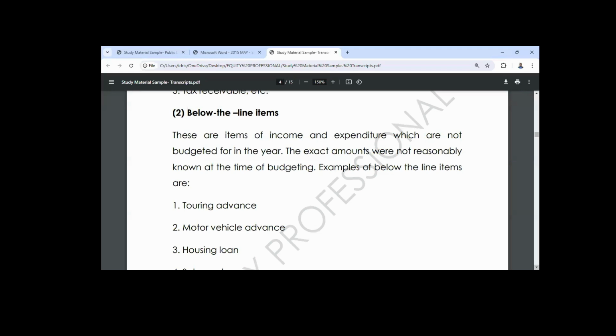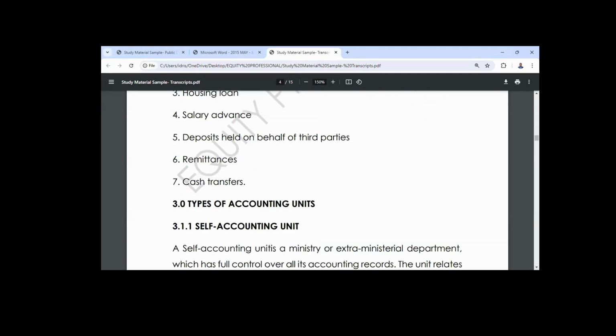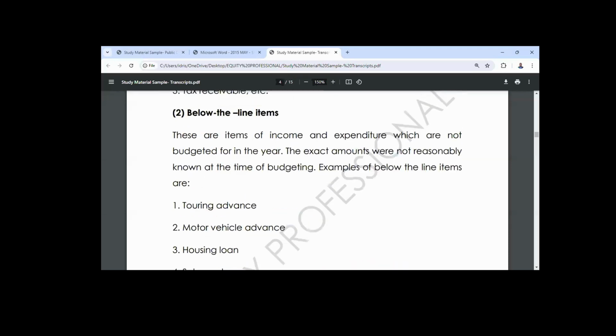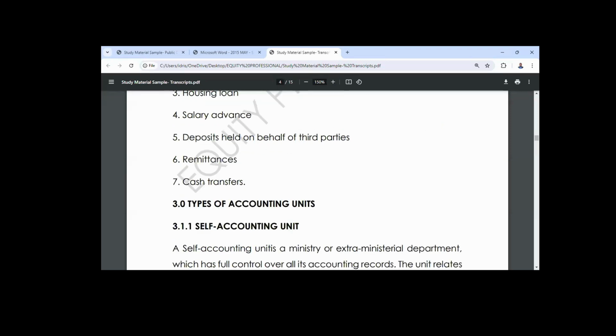Housing loan: you did not plan that staff will collect housing loans. Advances: you don't plan for that. Deposit held by third parties: we don't plan for that at the time of budget. You are right.